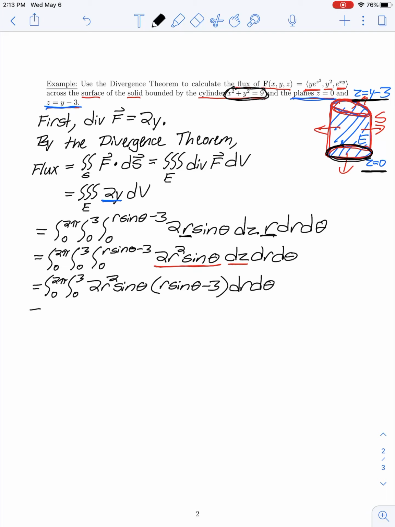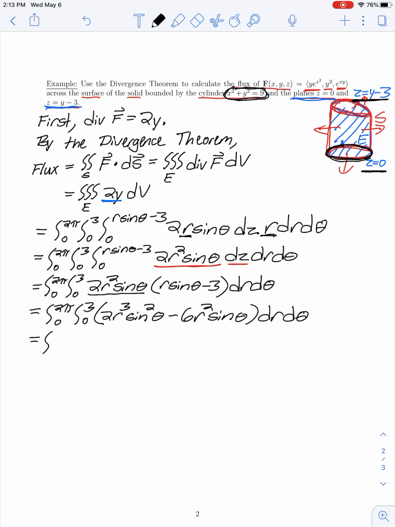So distributing this 2r squared sine of theta, we have the integral from 0 to 2 pi and from 0 to 3, the function 2r cubed sine squared theta minus 6r squared sine theta in the order dr d theta.